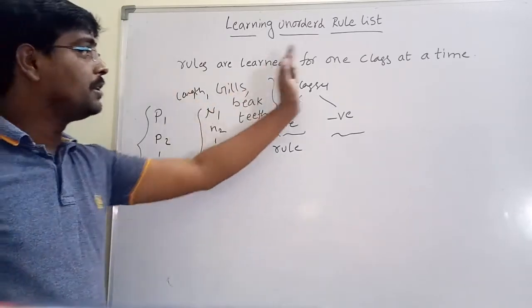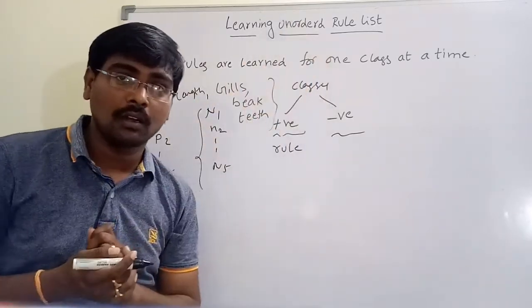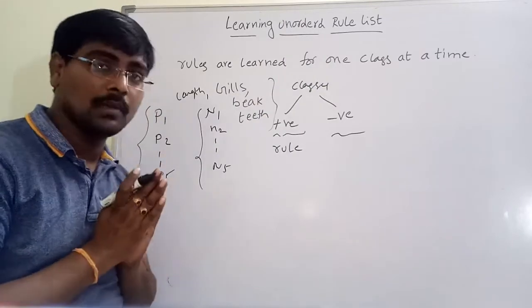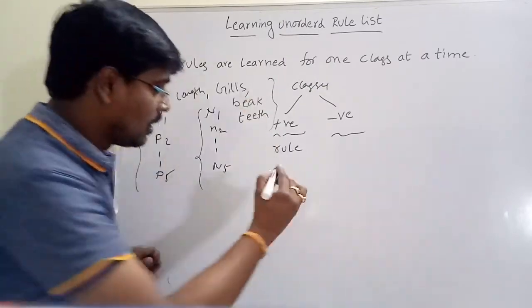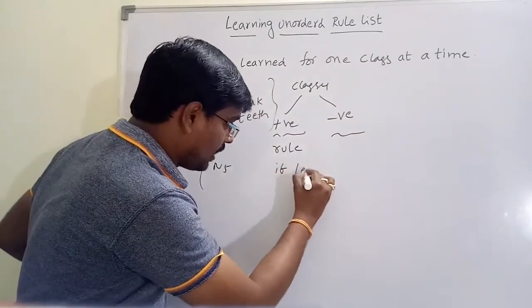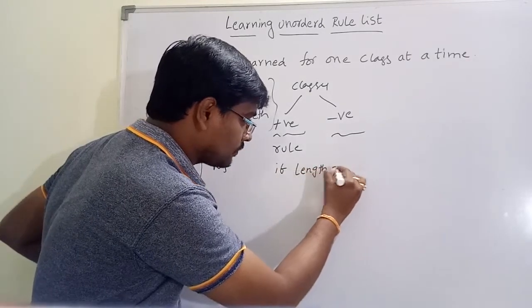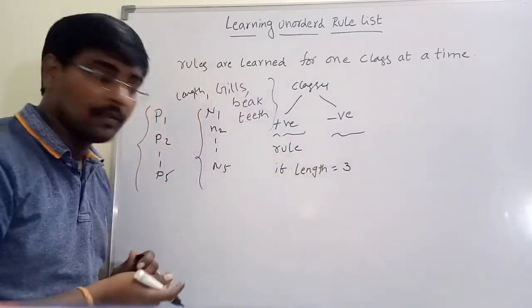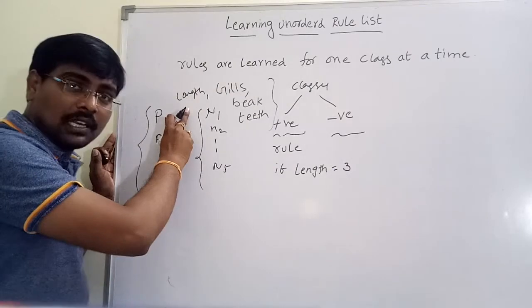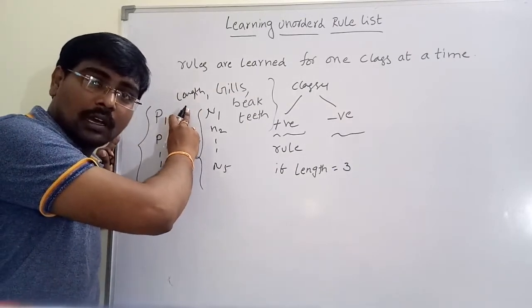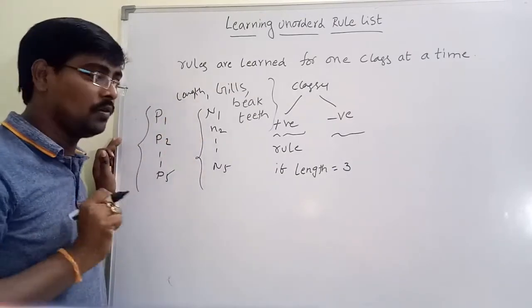Now, in this approach we are defining an unordered rule list. Simply, our aim is only for the positive class. Suppose if length is equal to 3; in this statement, length has 3 values: either length is equal to 3, or 4, or 5.